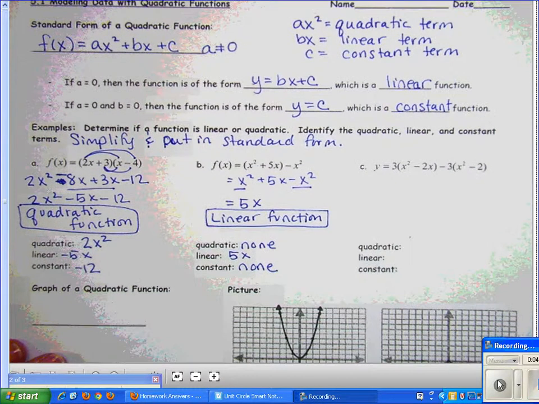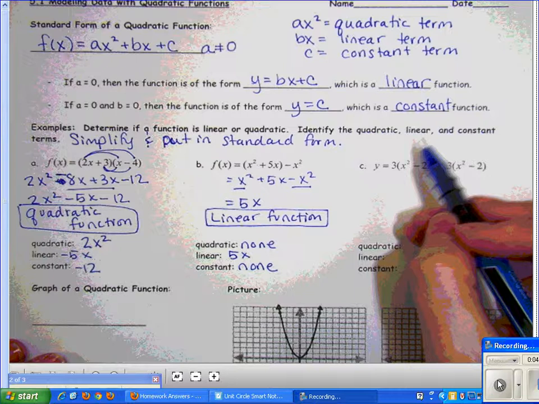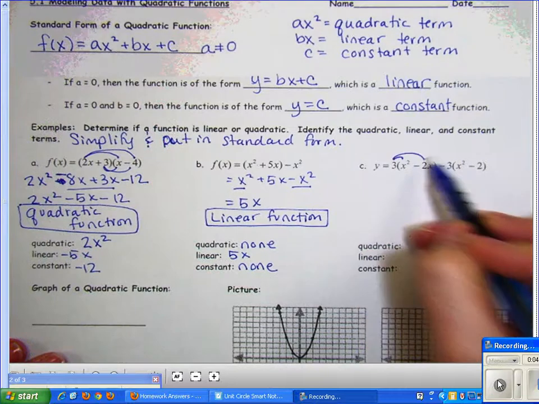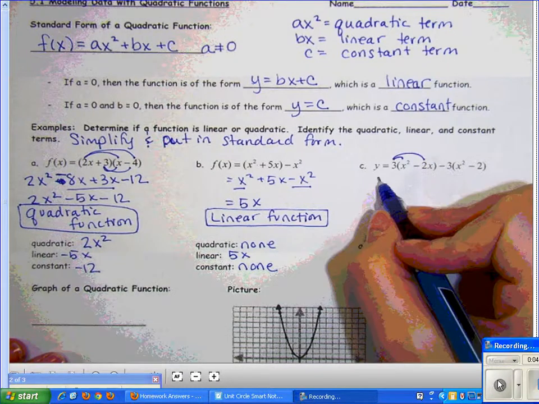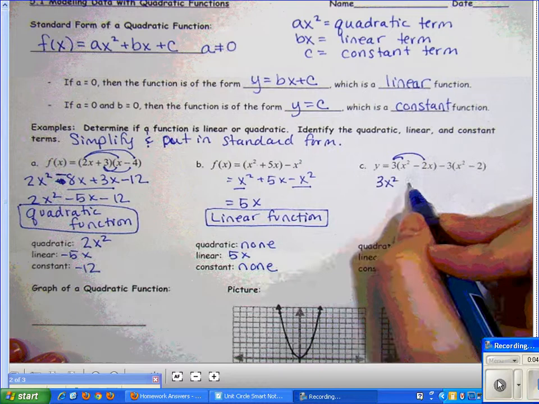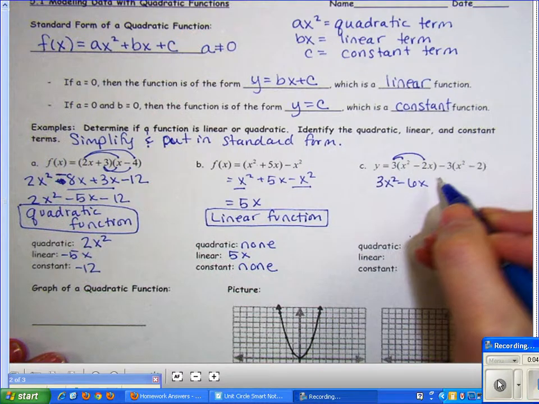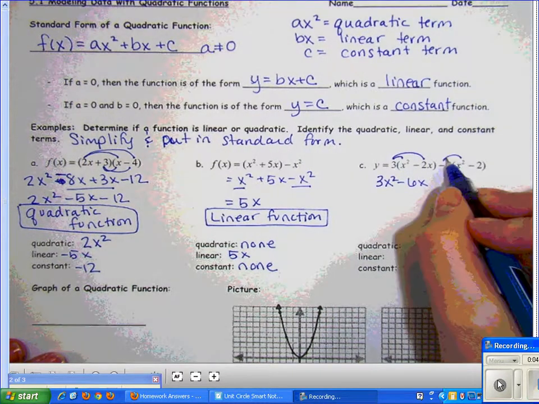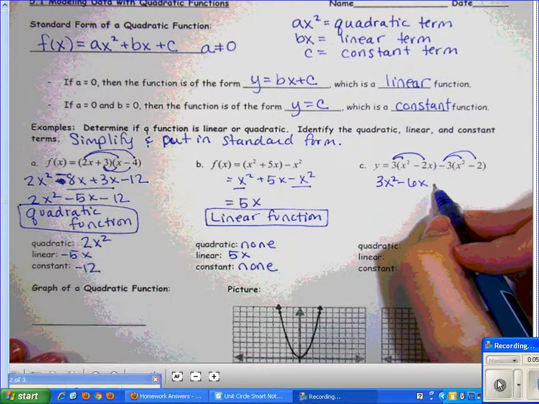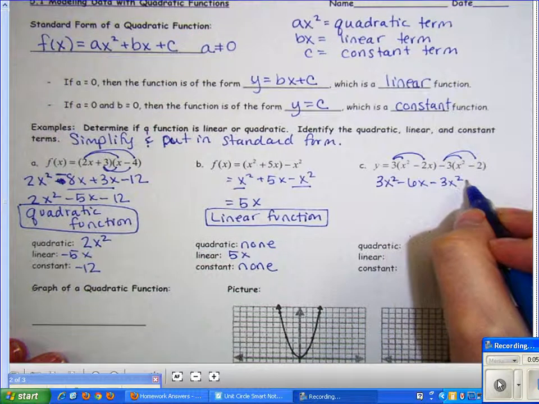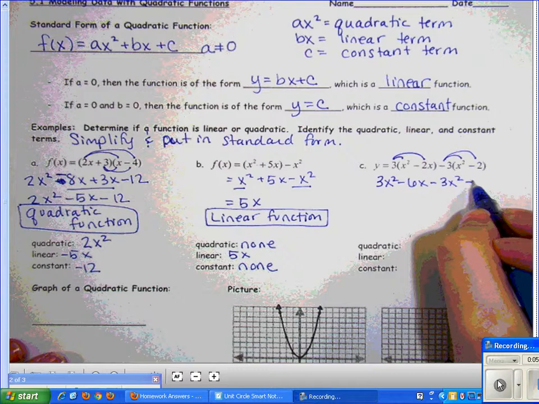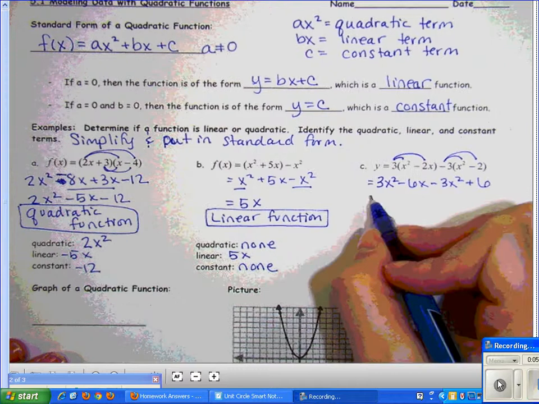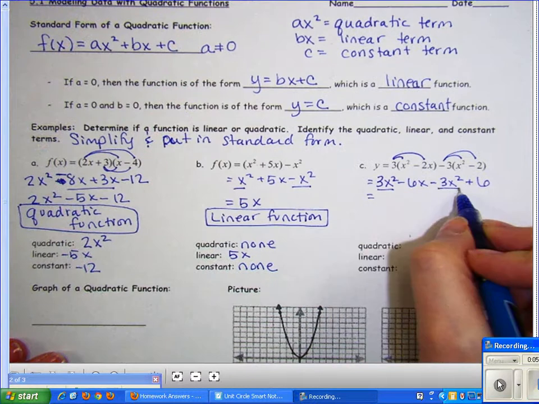Now if you look at C, remember when you're solving these equations, you have to distribute this number that's in front first. So I have 3x squared minus 6x, and then here you're distributing negative 3 to both those terms, so don't forget the minus there. So minus 3x squared, and minus becomes plus 6. So these two are like terms.